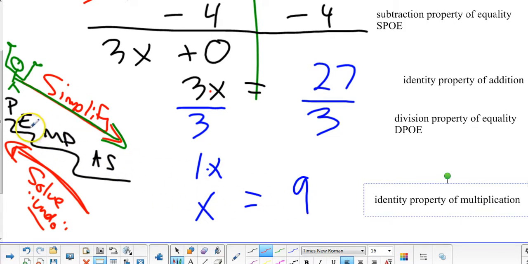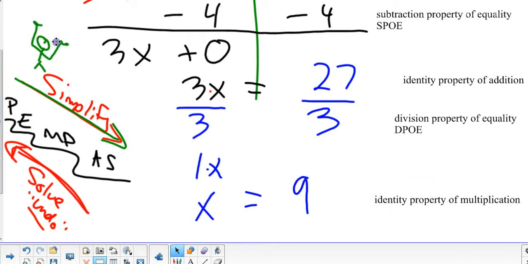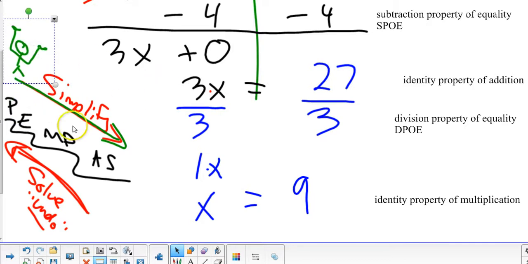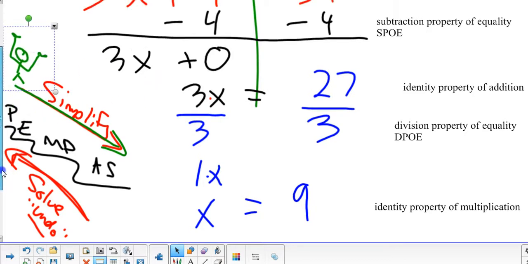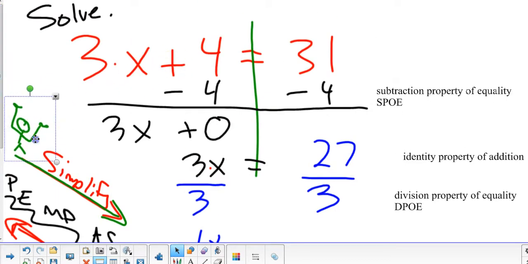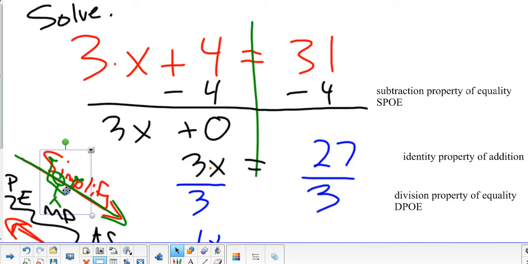It might be that I have to undo an exponent or undo a parentheses. Now I've got this really funny guy here. You can pretend that's me. But to think about where this guy is when we start this equation, there's no parentheses to do. There's no multiplication I can do because 3 times x is 3x.